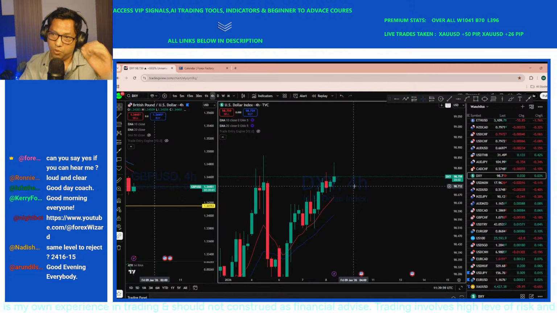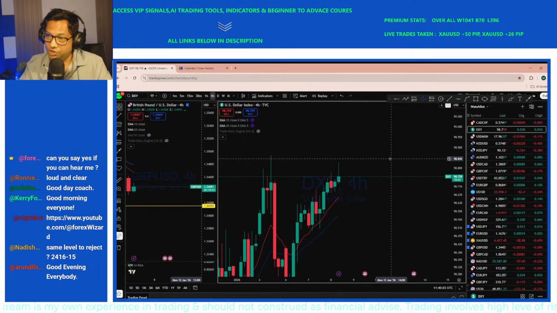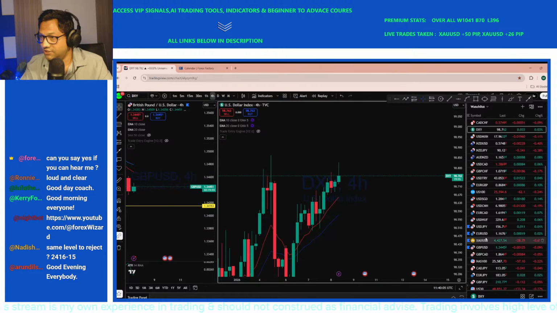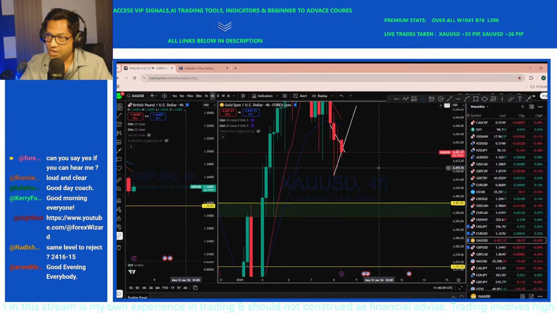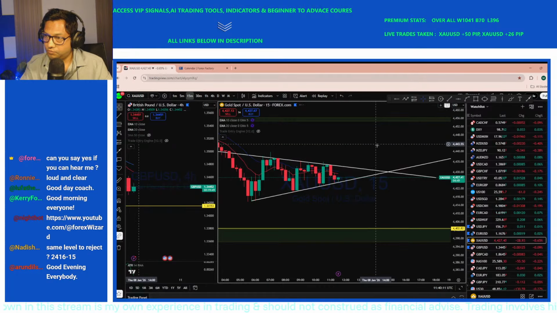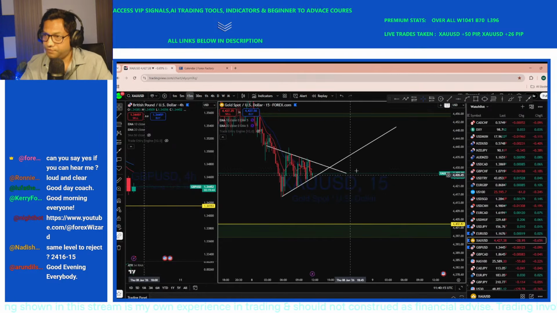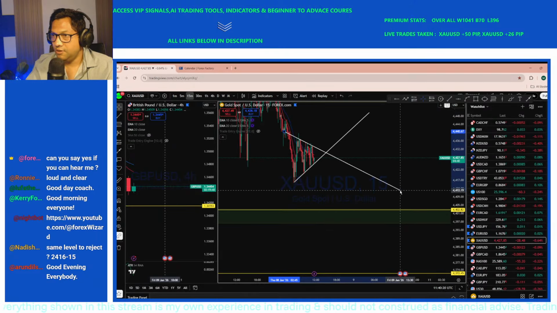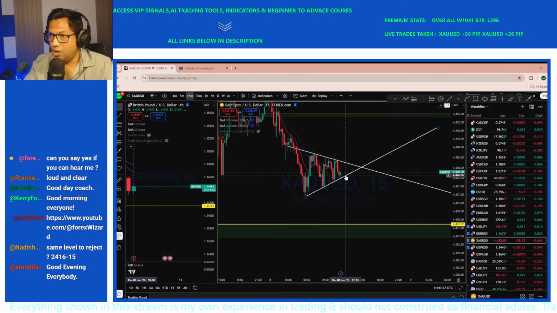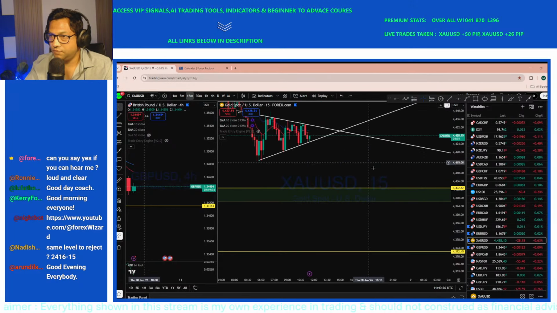If DXY is bullish, with the upcoming news, if it spikes back to the upside, we might see gold break below further here, and that is where we would see this market break from this structure. And once it manages to break from the structure here, okay, we are looking at this market structure coming back here to this support level.